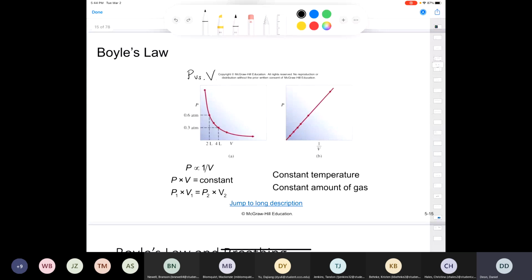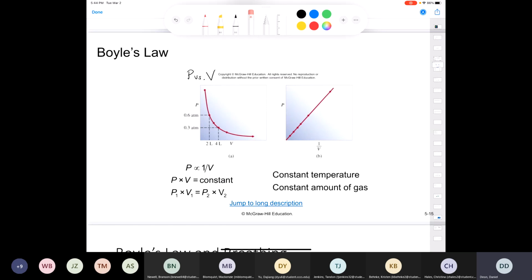And you notice that if we go from a pressure of 0.6 atmospheres, it's got a volume of 2 liters. What happens if we decrease the pressure by a half? The volume is going to increase, right? And I could have said it the opposite way. If you double the pressure, what's going to happen to the volume? It's going to be cut by a half. Right? So that's the relationship we saw on the last slide.